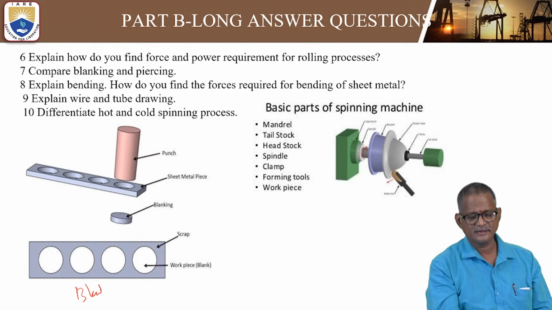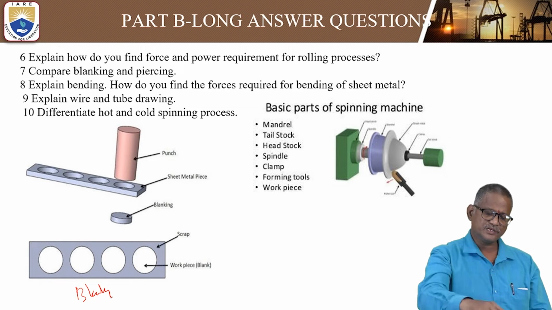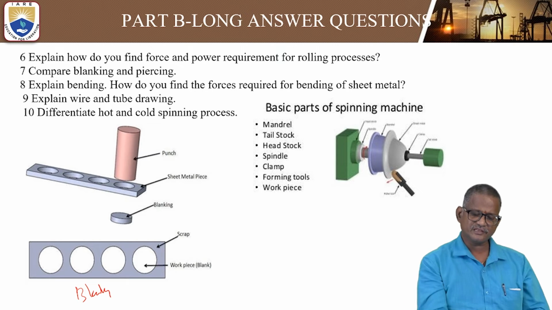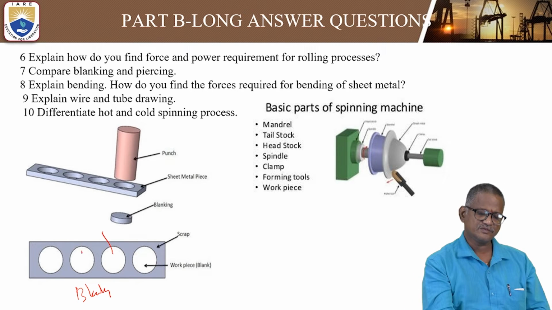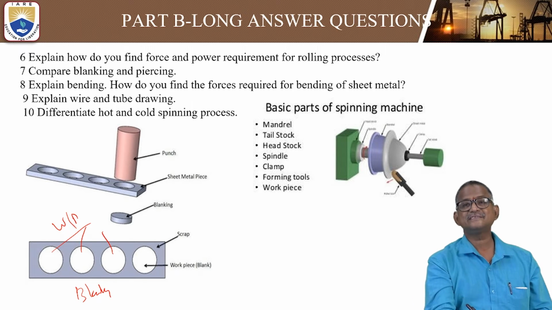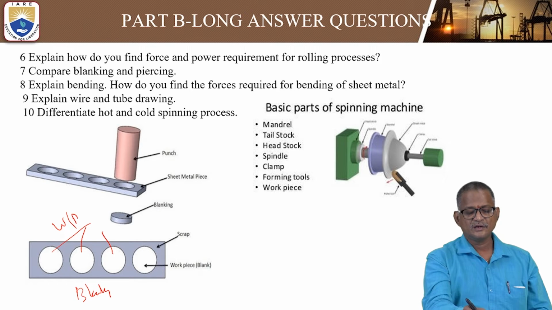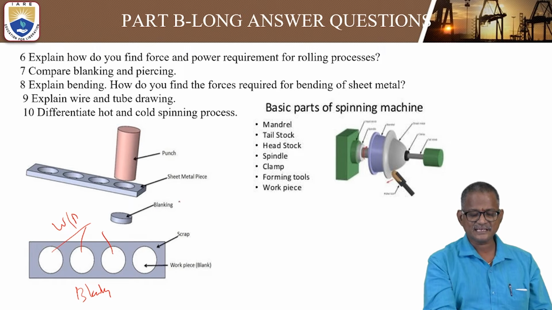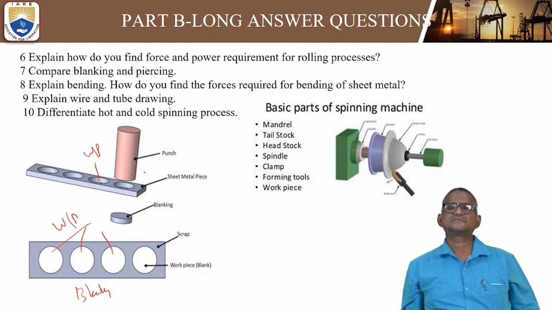Blanking means the part that is cut out is called the workpiece; all this white color is the workpiece, and the remaining part is scrap. But in the case of piercing and punching, the punched-out part is scrap. So this hole is the workpiece, and the remaining part is all scrap.